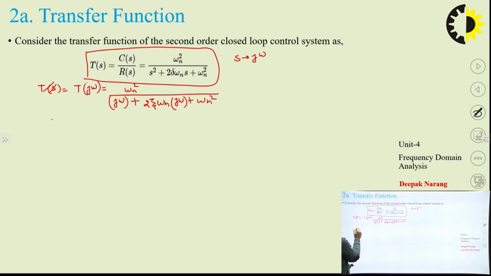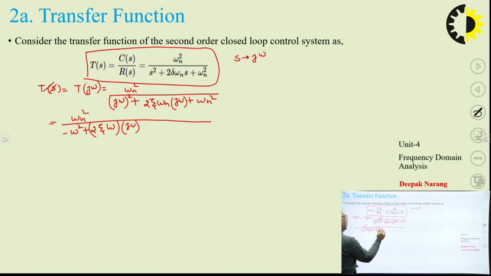This is equal to omega n square upon minus omega square plus 2 zeta omega n into j omega plus omega n square.